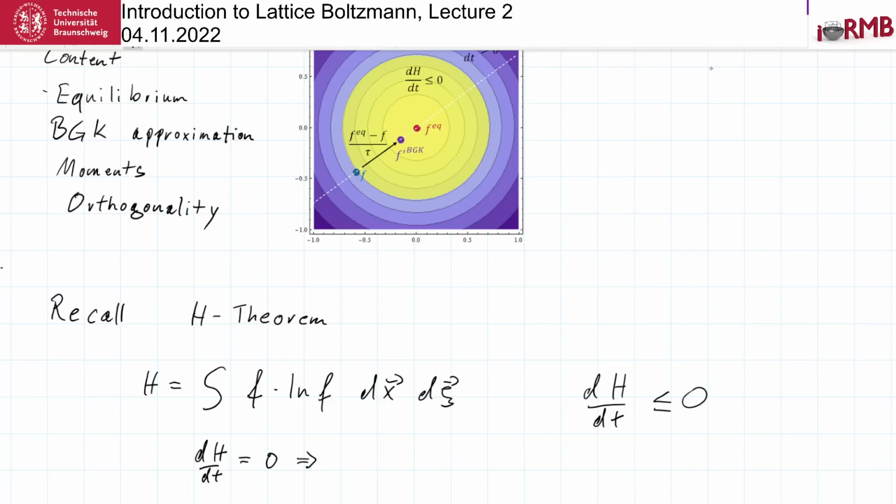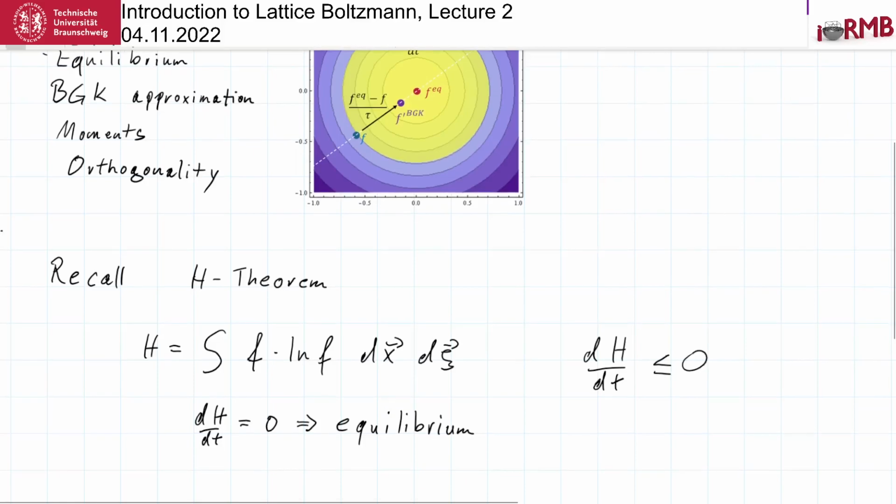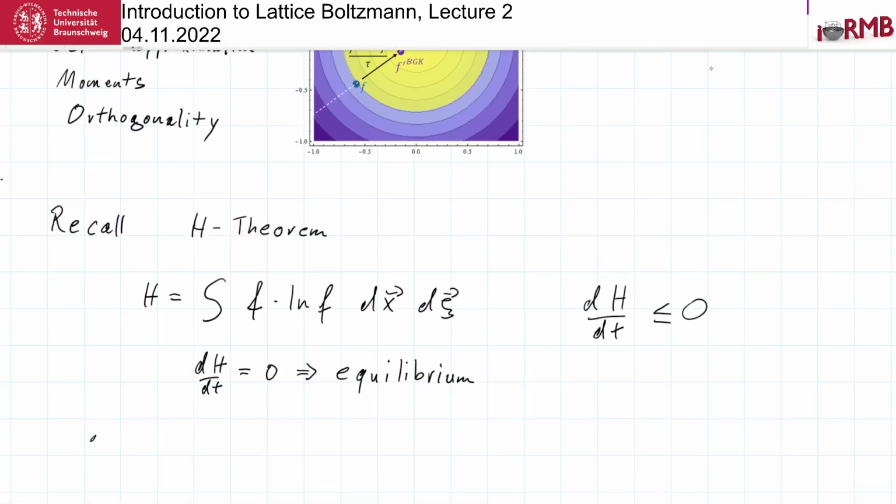This is what we define as equilibrium. So equilibrium is the state at which the eta function no longer changes.